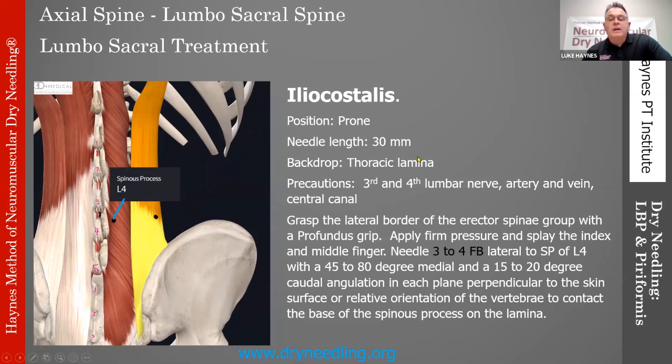I do have written down here that there is a backdrop on the thoracic lamina. More often than not, that is not the case. More often than not, there's no backdrop, especially if you're using a 30 millimeter needle. You're going to get through the iliocostalis, maybe into some of the tissue of the multifidus, or more likely the longissimus. But there probably won't be a backdrop here.